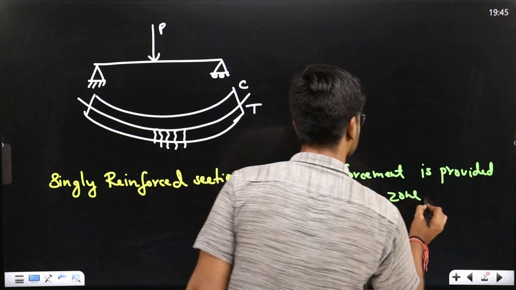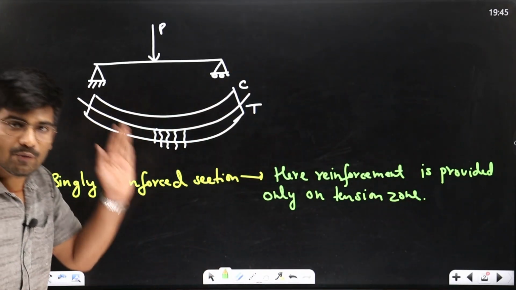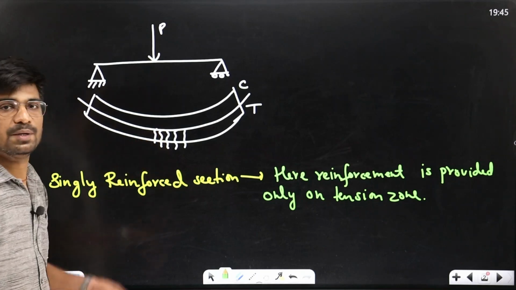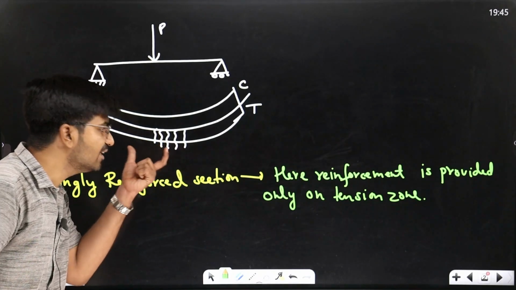Here we will provide steel only on tension zone because concrete is weak in tension. So we will provide steel in tension zone.